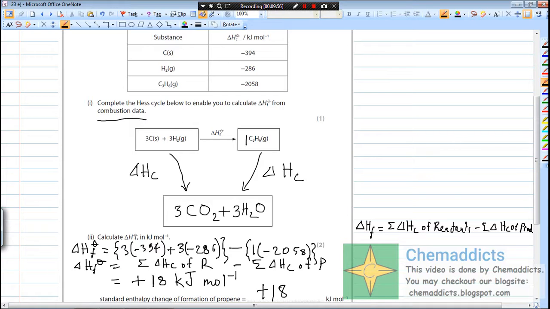That's the answer. One thing we need to know is that we need to mention the sign. Regardless of the sign, we need to mention whether it is positive or negative. Since this is positive, we will mention this sign.